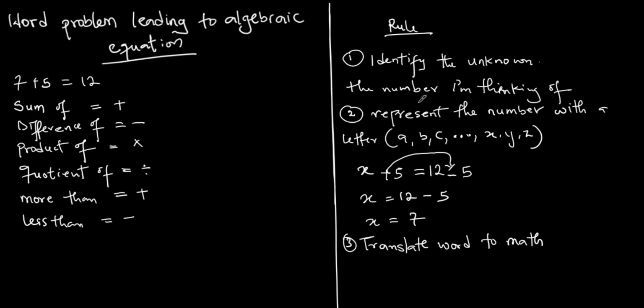So you have identified the unknown as the number I'm thinking of. You've represented that unknown, which is the number I'm thinking of, with a letter, say X. Now, your next action will be to translate the word to math. So the question is, I am thinking of a number.